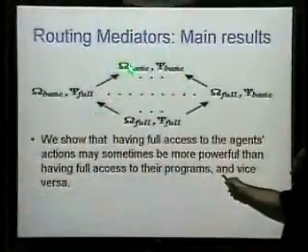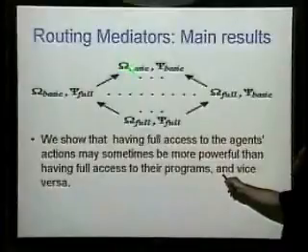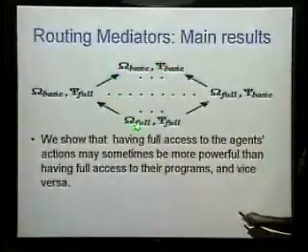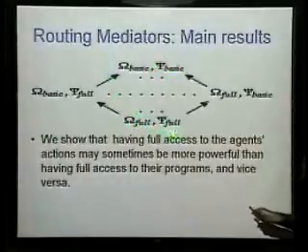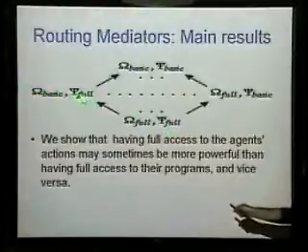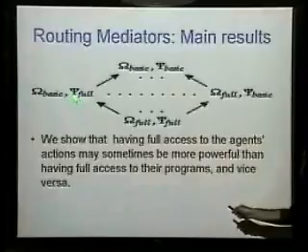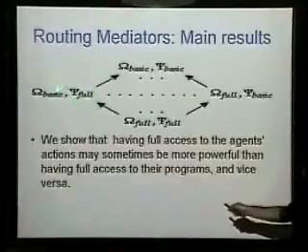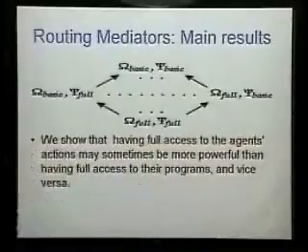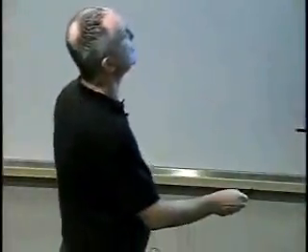Omega basic is a mediator that cannot see the other agents' actions and cannot see the other agents' programs. Omega full is something that can see the agents' actions and the other agents' programs. Omega basic C full is something like the Aumann case, where you can see the agents' programs, but you cannot see the realizations. And this is the router example, which we really like, where we see the realization but cannot see the program.